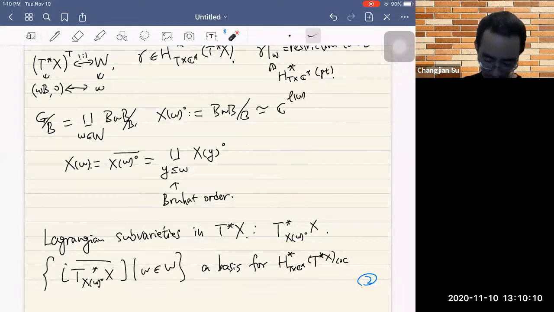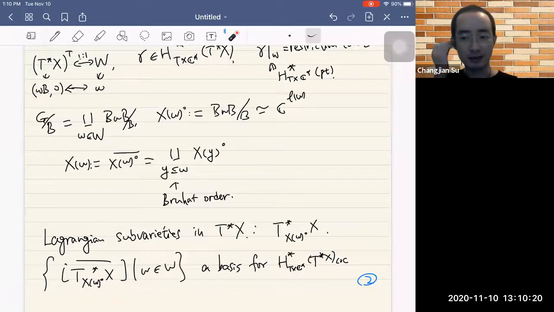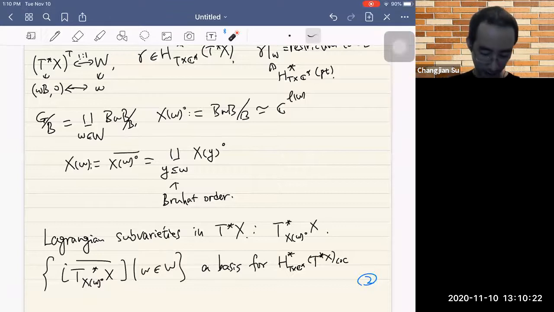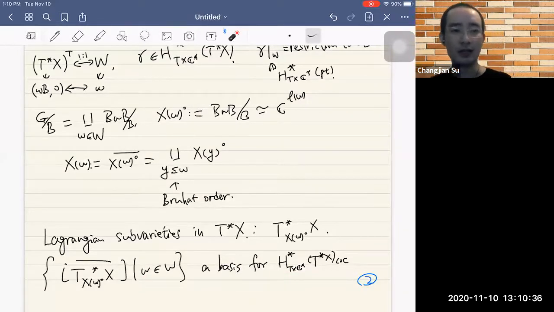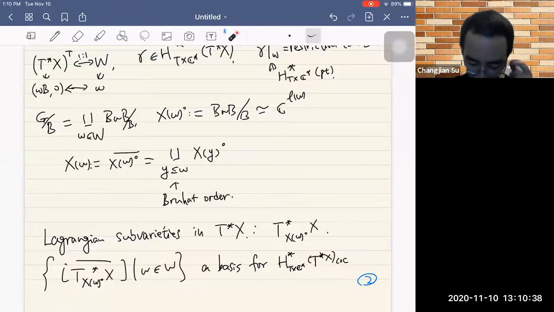By localization, it is easy to see that if you take the closure of these Lagrangian subvarieties, this will be a closed subvariety inside the Springer resolution, and then consider its fundamental class. These classes, as w runs over the Weyl group elements, will form a basis for the localized equivariant cohomology of the Springer resolution.